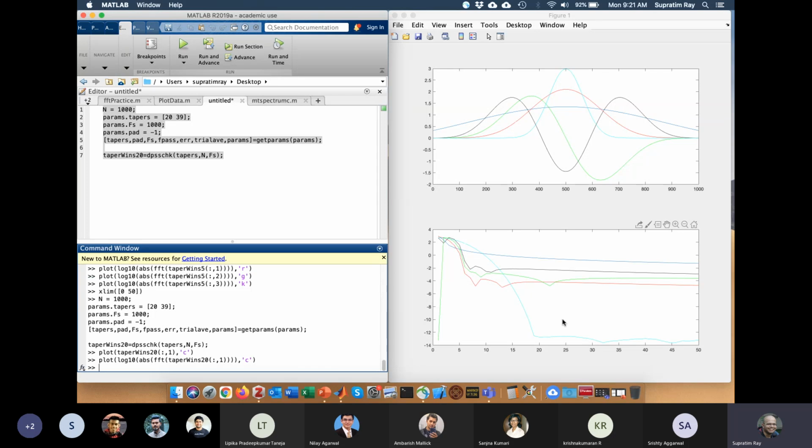Can you guys see the cyan, or maybe I'll just plot? It has now a huge lobe here. Now, this is now starting to resemble what we saw.